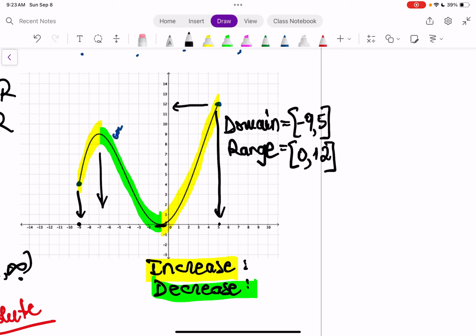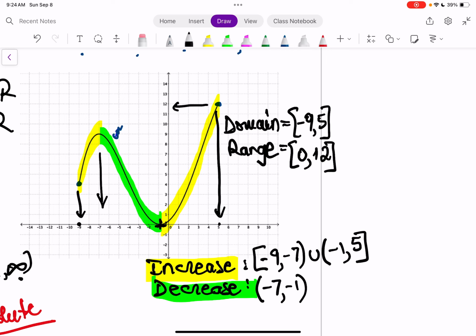So it's increasing between, I'm starting it at a bracket because that's my first point, so negative 9 up to negative 7. At negative 7 is switching, so that's why I put a parentheses, up to negative 1. And same thing, at negative 1 is switching, and going up all the way to the last possible point, which is 5. And again, I put a bracket because that's the end of the graph right there, and it's included.